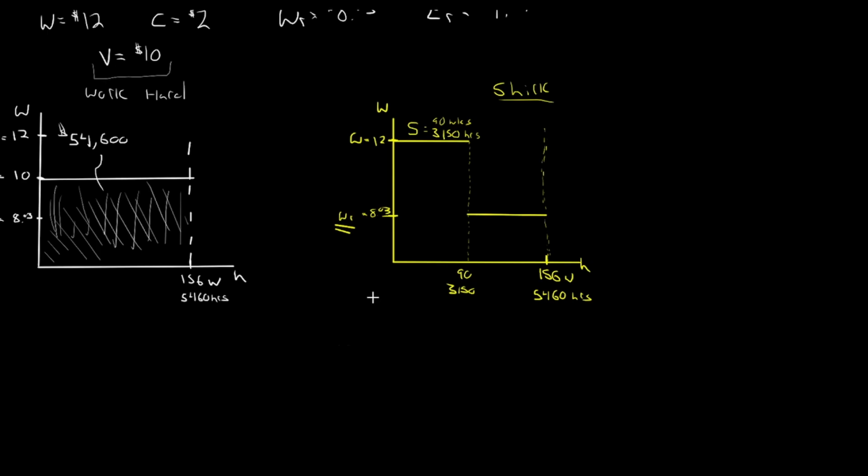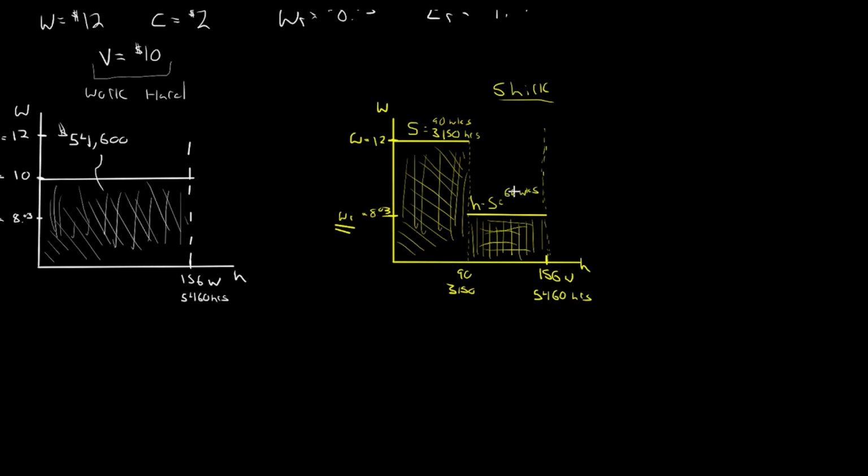What we can work out then is what is her payoff for shirking? And her payoff for shirking is going to be this box here. That is her payoff while she was getting her full employment without the disutility, and then her payoff while earning her reservation wage. So we can work that out. S number of weeks shirking, H minus S number of weeks on her reservation wage, so that is 66 weeks.